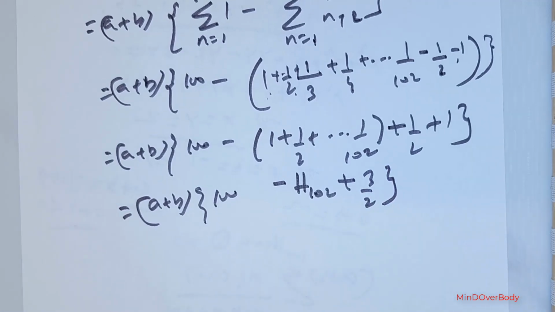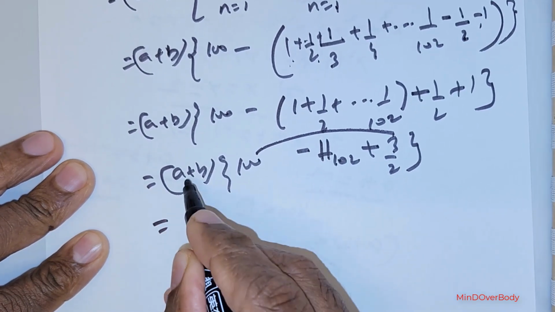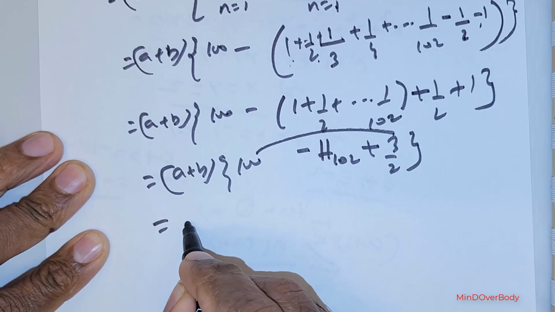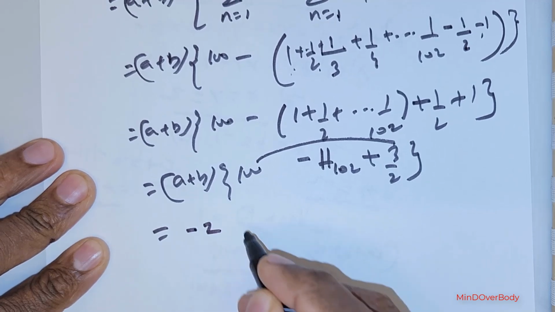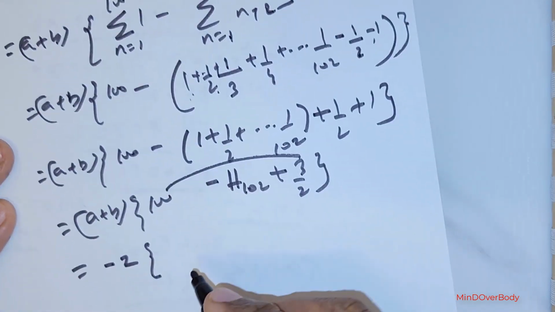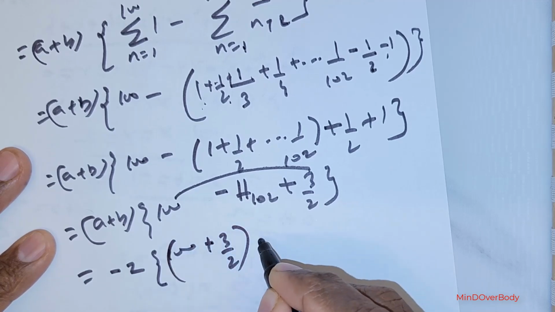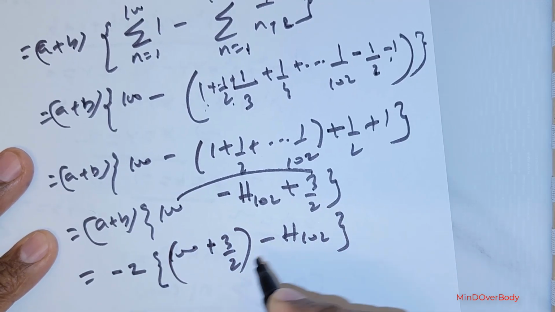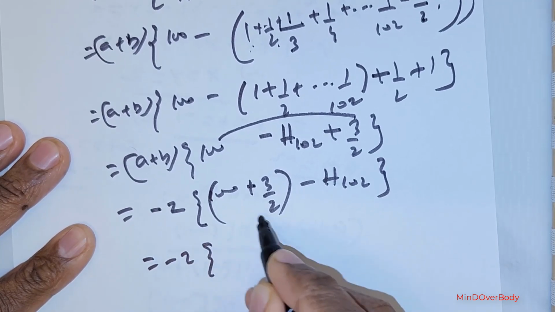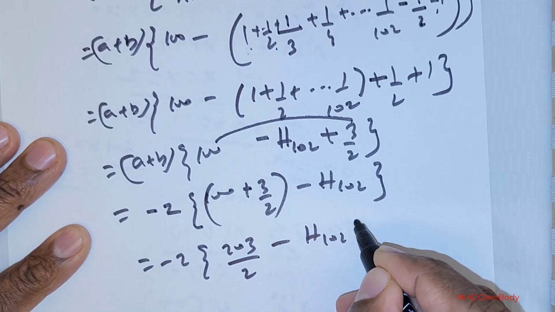So this is what we have got. So now if we can add up these two together, now I will substitute a plus b is negative 2, right? Negative 2 I'll substitute because we just got a plus b. So negative 2 times 100 plus 3 over 2 minus H102. So the negative 2, this is 200 minus 203 divided by 2 minus H102.